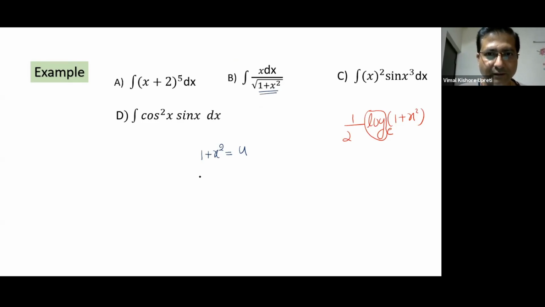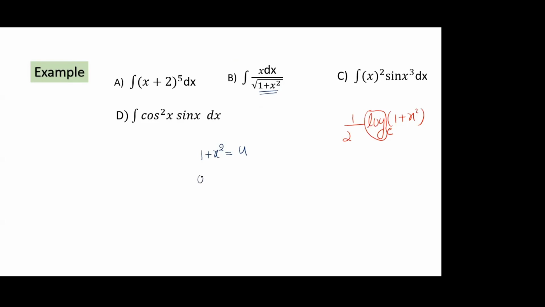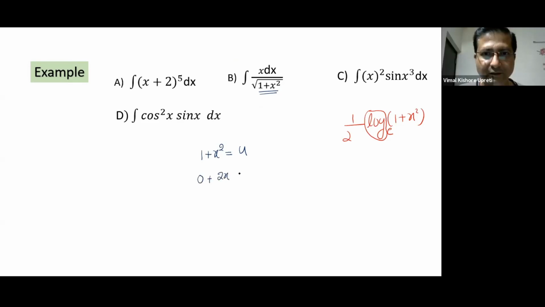Let's check. u power 1 by 2. Differentiating: 0 plus 2x dx by du, because we are differentiating with respect to u, and u is here, so this is 1. That means 2x dx can be written as du. Anyone having any problem in this equation?